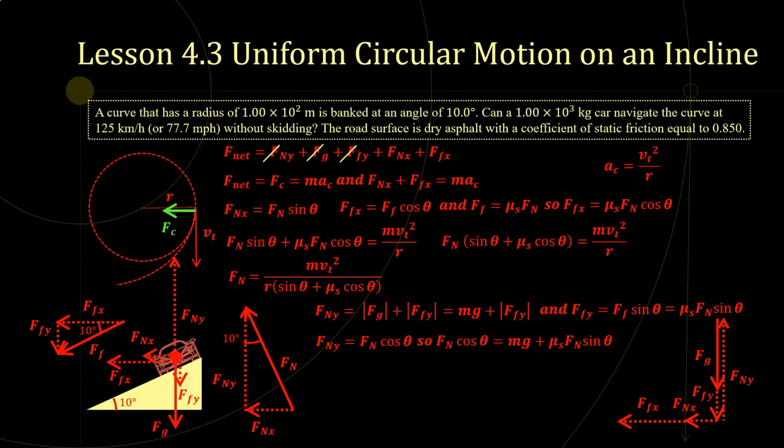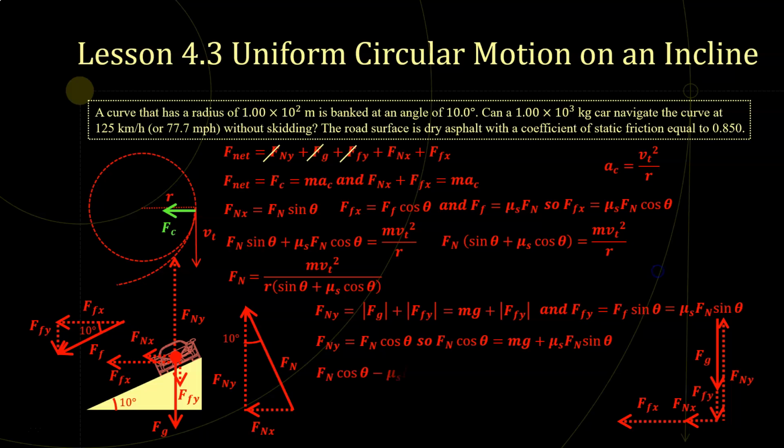And then I'm going to put that expression, the normal force times the cosine of theta, and my expression mg, and my expression, the coefficient of static friction times the normal force times the sine of theta, I'm going to put that all into my expression where I have these three forces equal to one another. Okay? Now, what can I do with this? Again, this looks like a pretty messy expression.